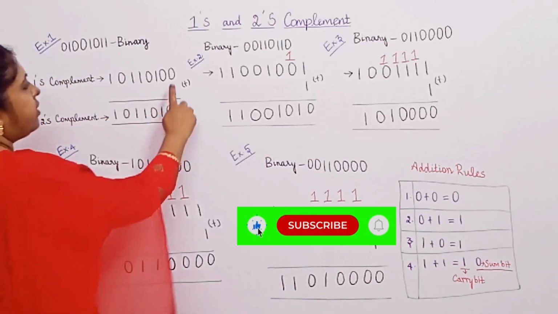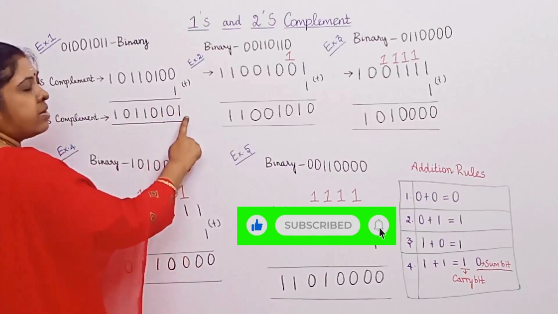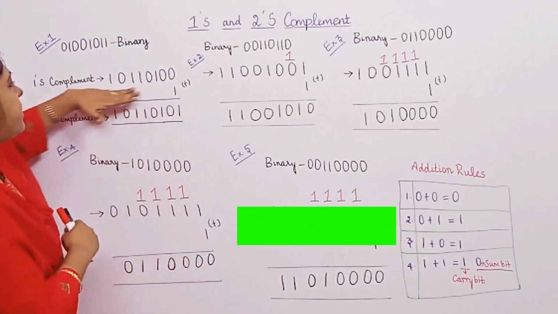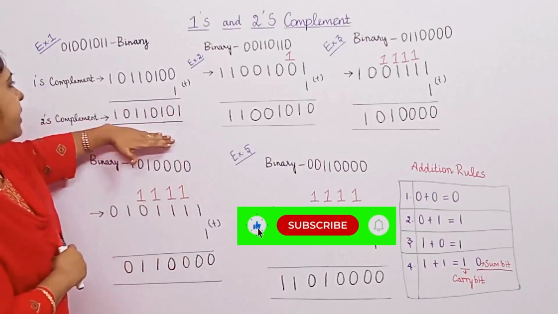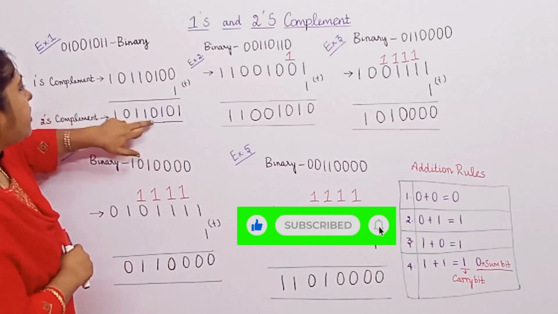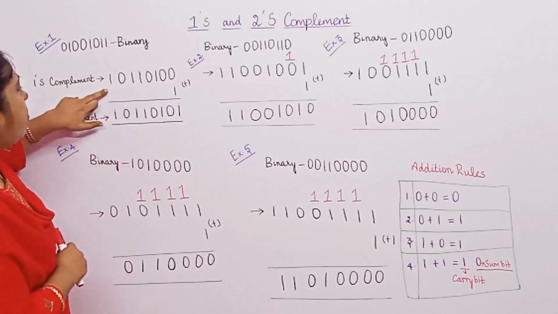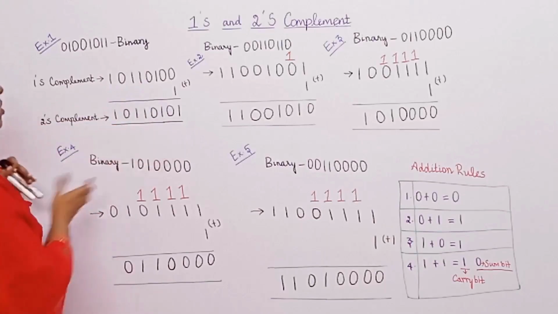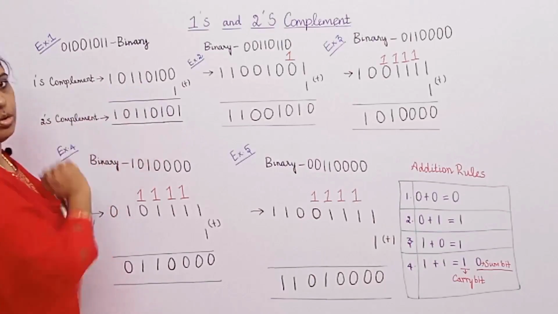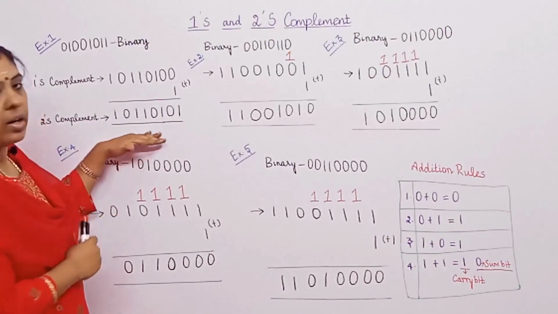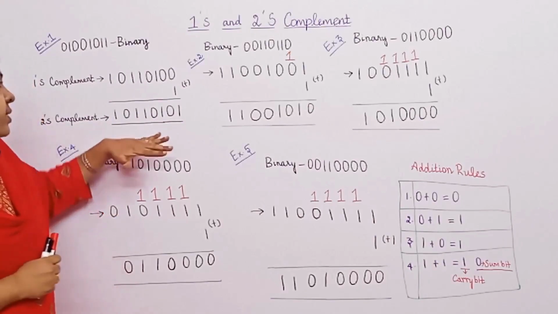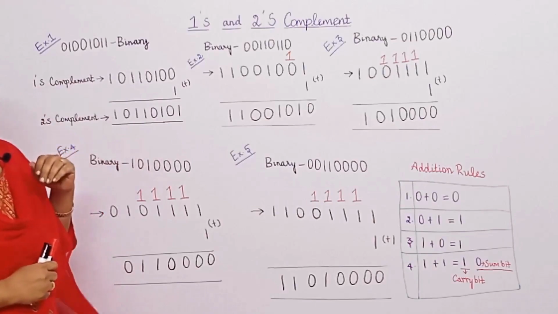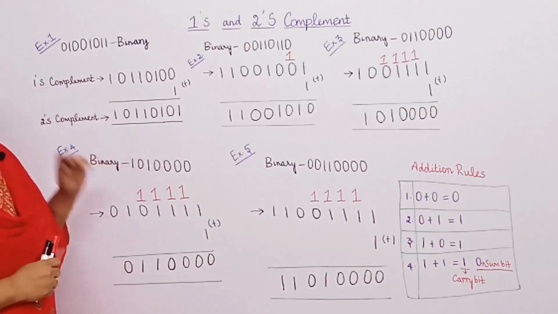So 0 plus 1 is 1. The other digits are represented as they are: 0, 1, 0, 1, 1, 0, 1. Everything is represented as it is. So this is the resultant 2's complement. Now you have got the base idea from this example. This is a very simple binary number.